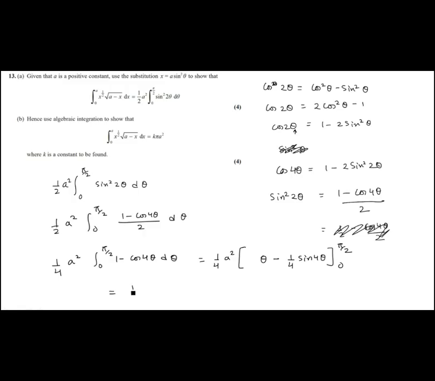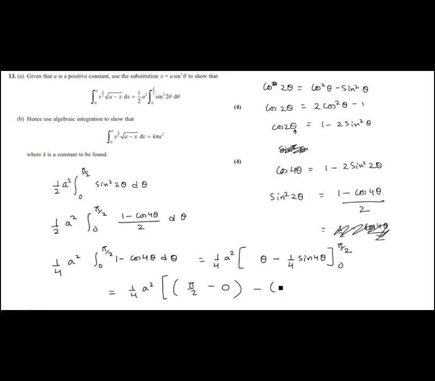Let's substitute the limit. So 1 by 4 a square. Now when you put pi over 2, so this is pi over 2 minus 1 by 4 sine 4 times pi over 2 becomes sine 2 pi, which is 0. So I put 0 here, minus, now you put the limit 0.